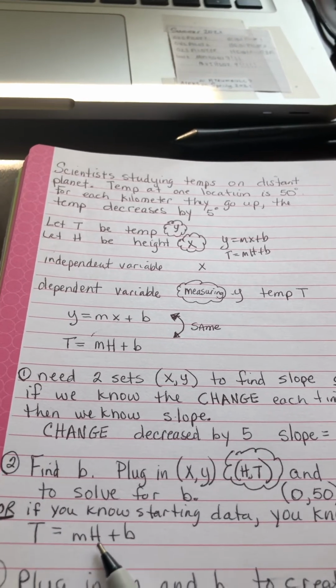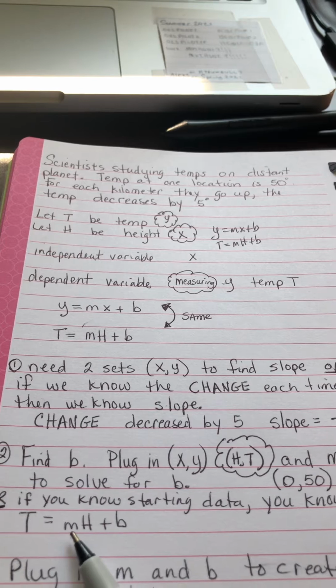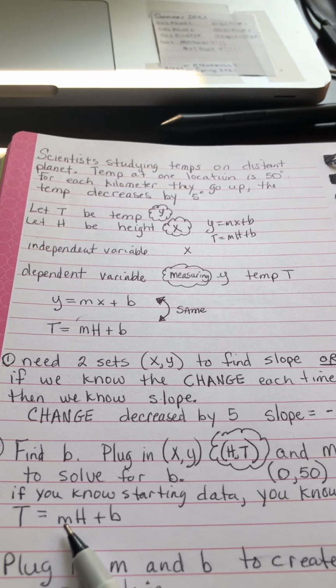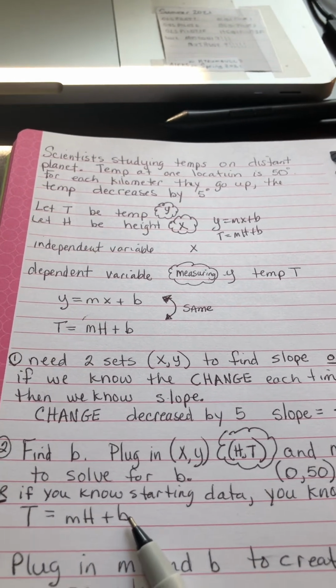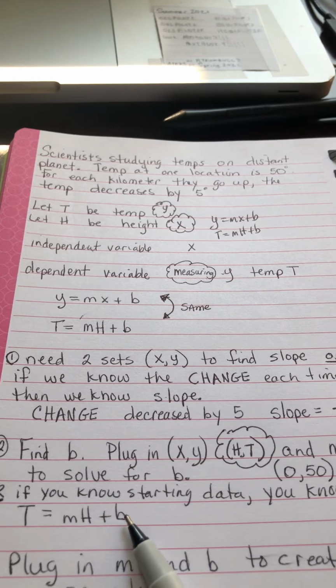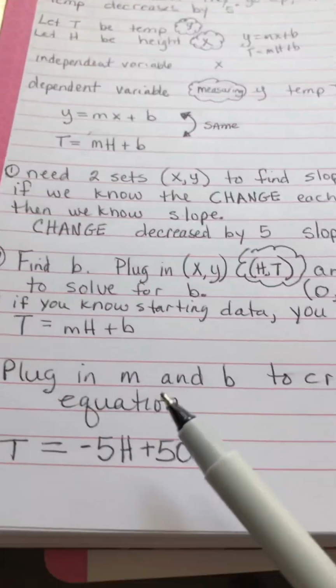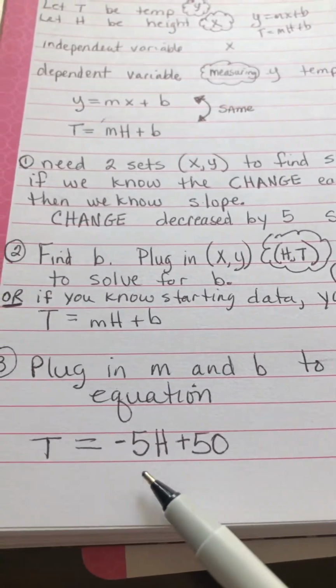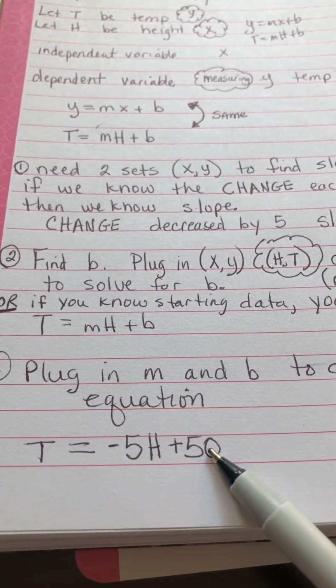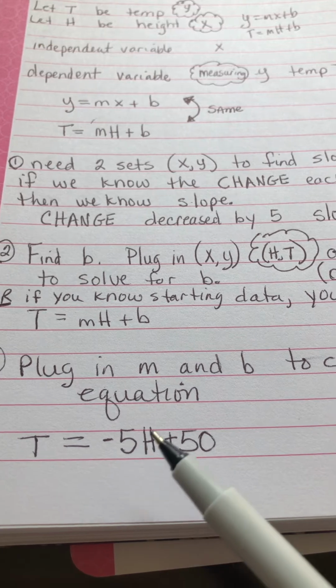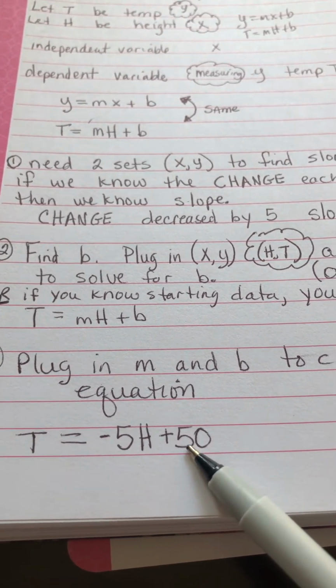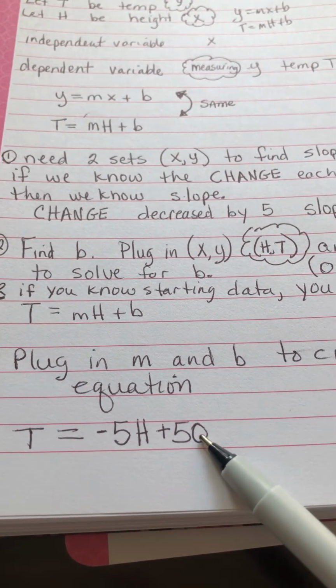So what we've discovered is they gave us the slope, which was -5, and they gave us the starting point, which was 50. So we can just plug those two pieces of information into the equation. The slope is -5, the y-intercept is at 50. So now we have this equation.